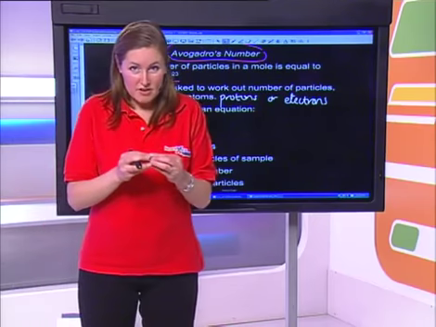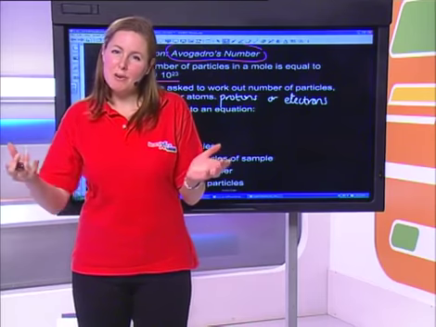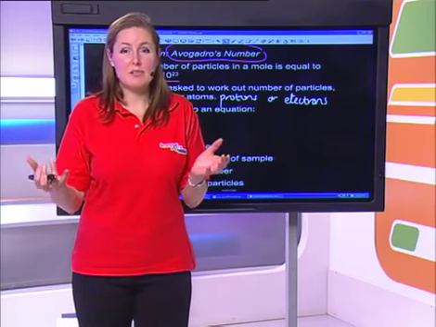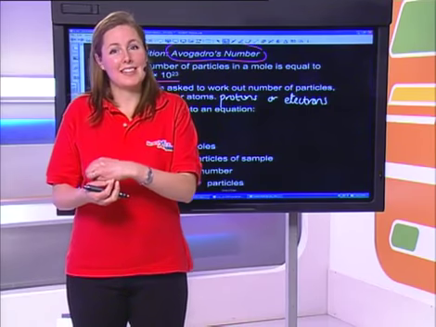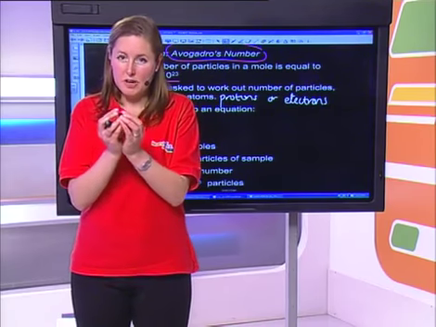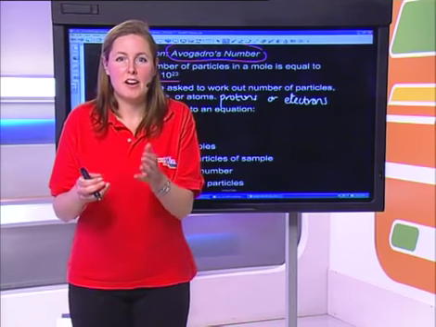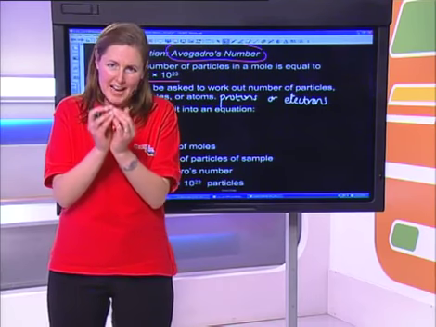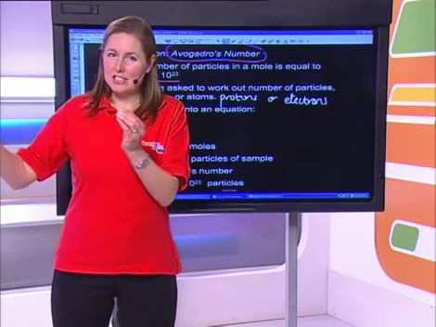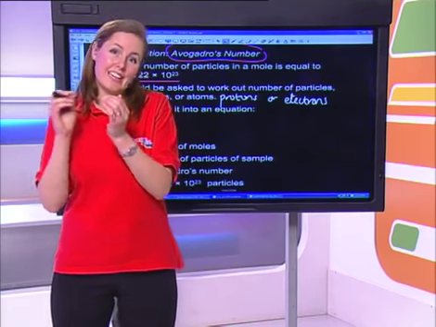Because if you know how many moles you've got, you can multiply by Avogadro's number, and that will give you how many particles. And then from there, we could take it further and work out how many atoms within each particle, or better yet, we could work out the number of protons. And if I was to ask you the number of protons, you would say, well, each atom has its atomic number, which is telling me how many protons are in each atom.